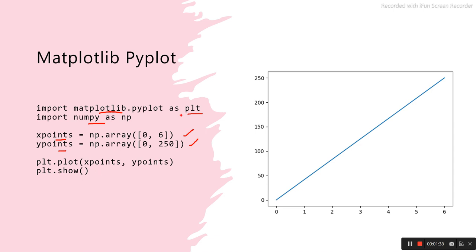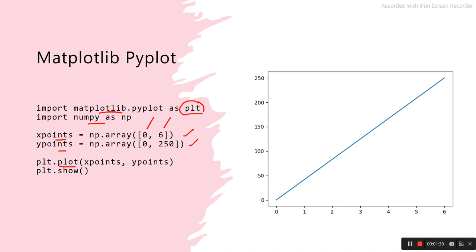You need to use this object, plt.plot, this is the function we are going to use. Then I give x points comma y points. I am supplying the points to this function, so that the points will be taken from the numpy array and the graph will be plotted.